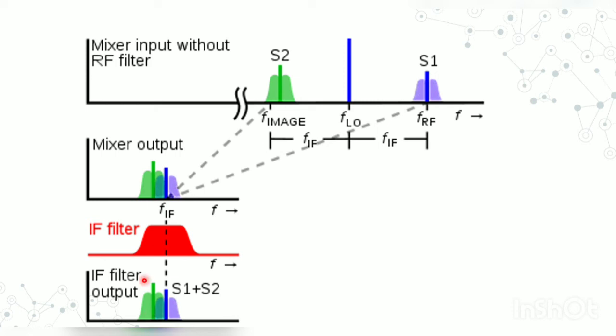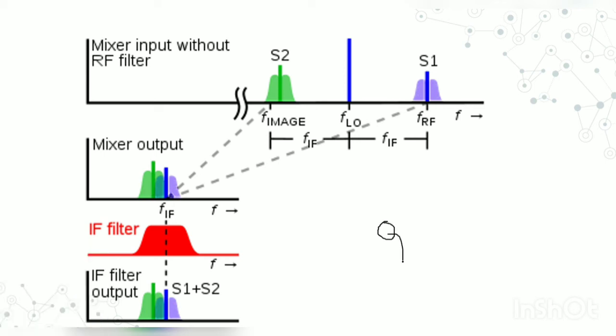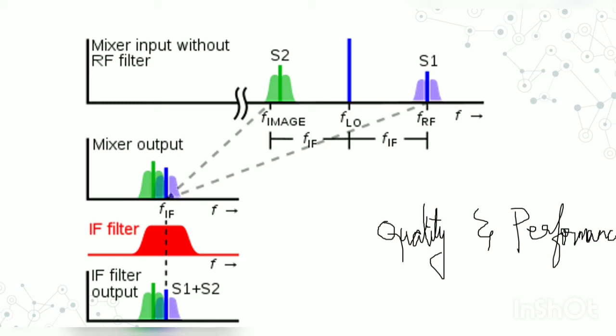Here you can see our image has interfered with the S1 signal. If this kind of interference happens, it would reduce the quality of our system and also affect its performance. So to avoid this problem, we have an RF filter.